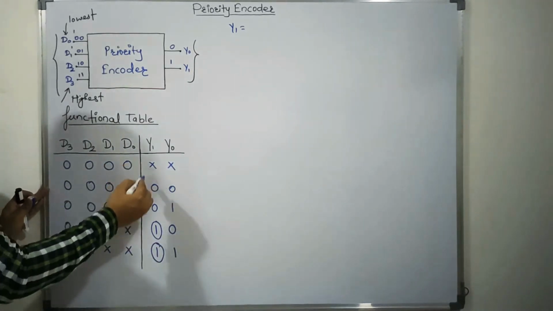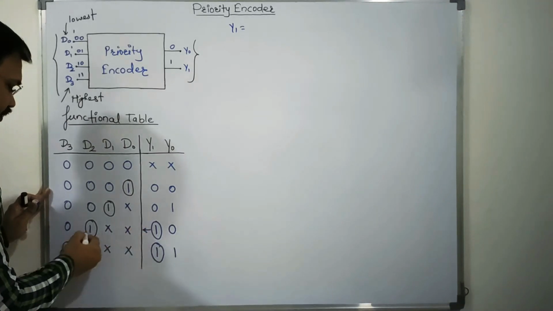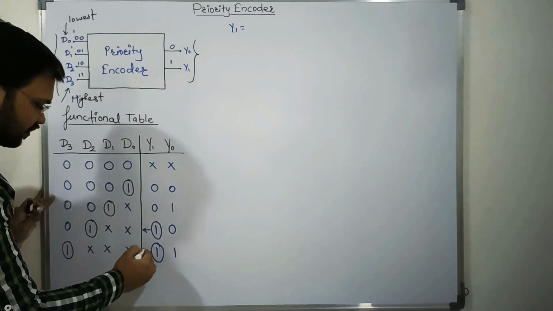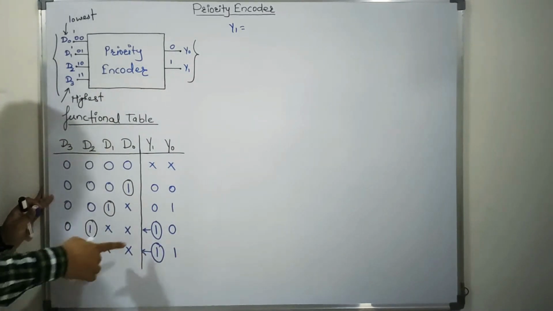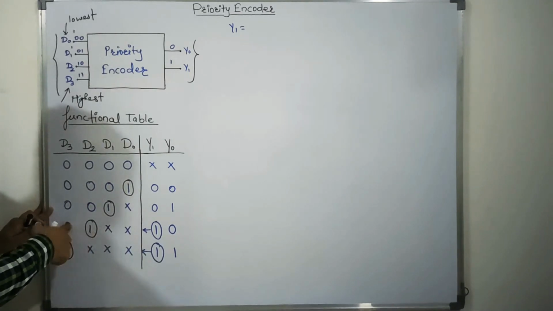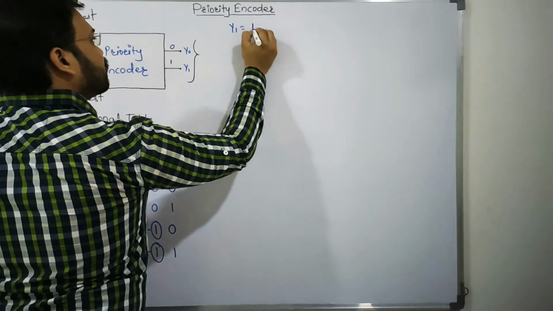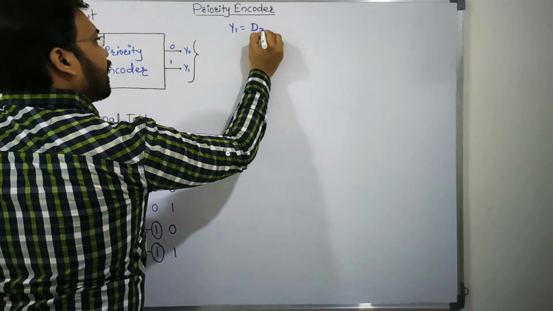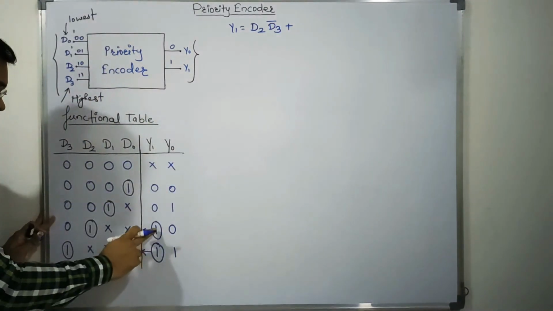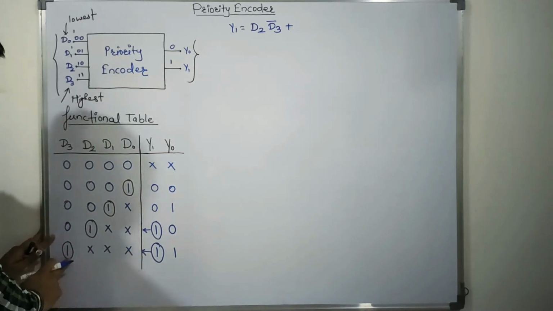For these two terms of Y1, we have D2 and D3 here, and only D3 here. So Y1 is D2 D3 bar plus D3.